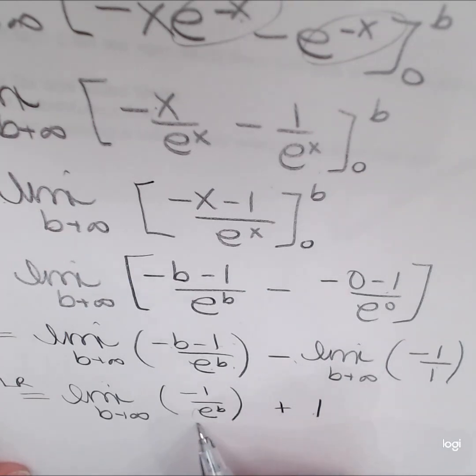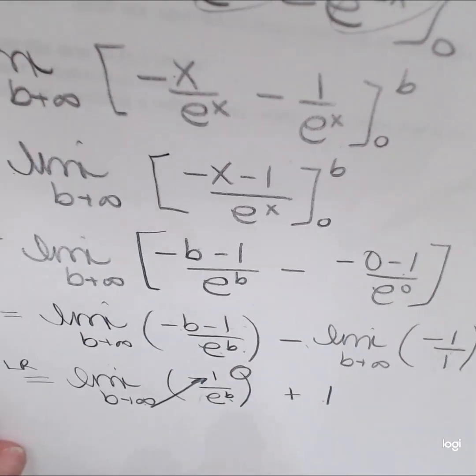And when I put a huge number in the denominator by applying the limit and putting in infinity, this entire quantity will go to 0 because any number divided by infinity is 0. So we get 0 plus 1, which is simply 1. So our limit here does indeed converge, and it converges to a value of 1.